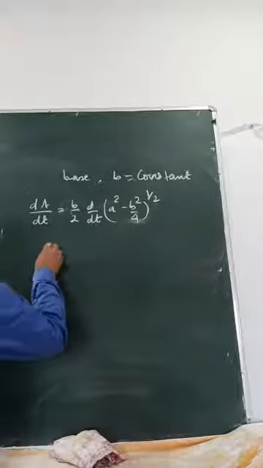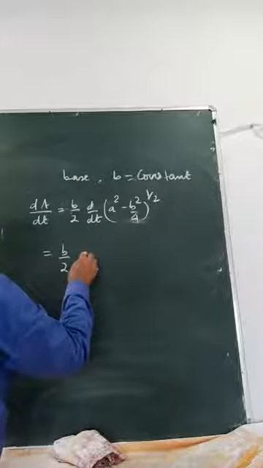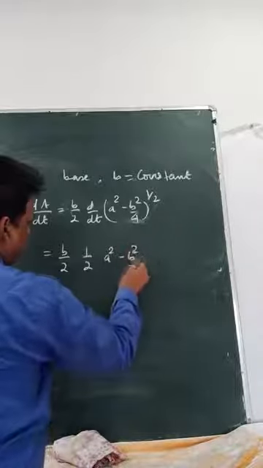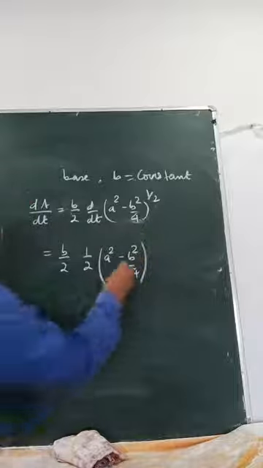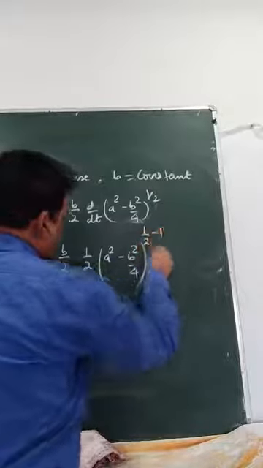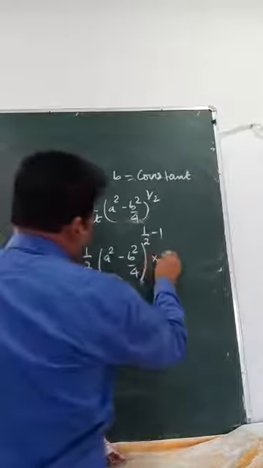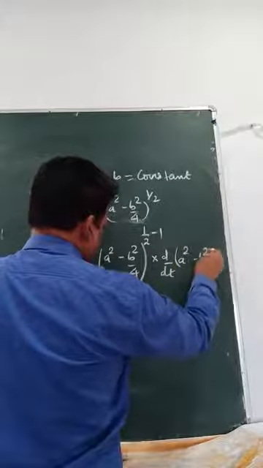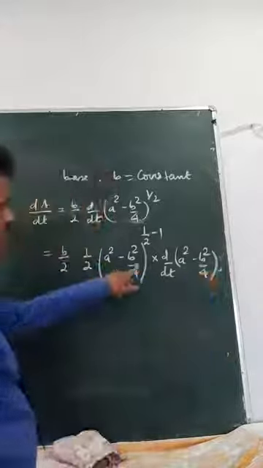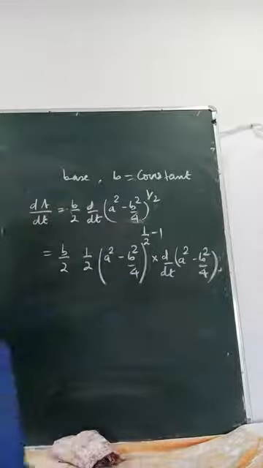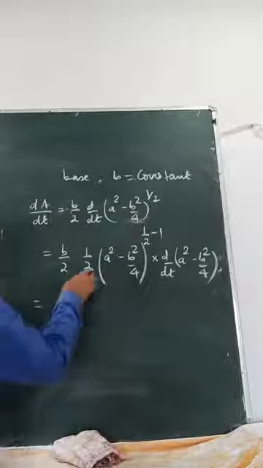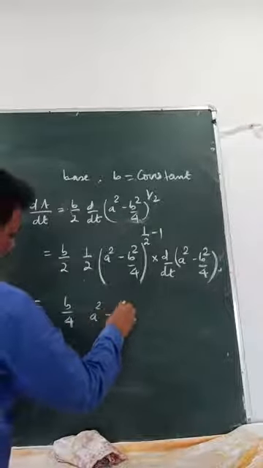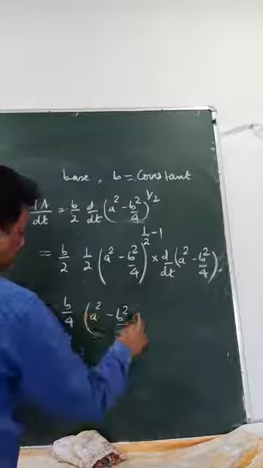So that is B upon 2, first the nth formula of A square minus B square by 4, power is n minus 1, then multiplied by the derivative of the base. So that becomes B by 4, A square minus B square by 4, power is minus half.